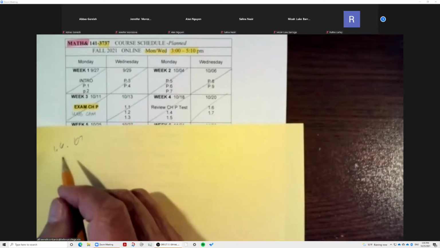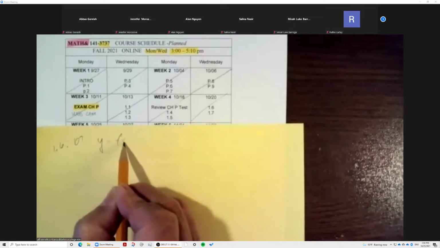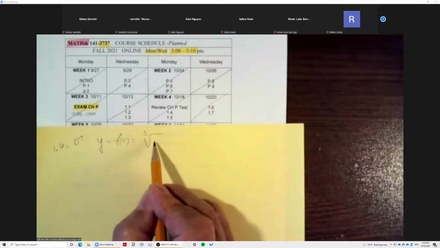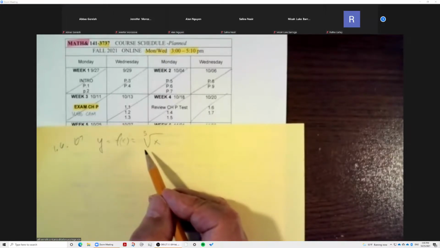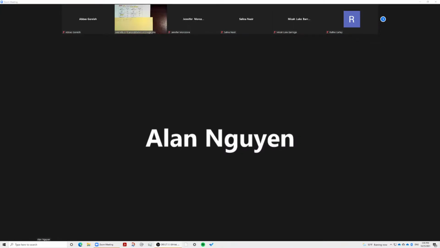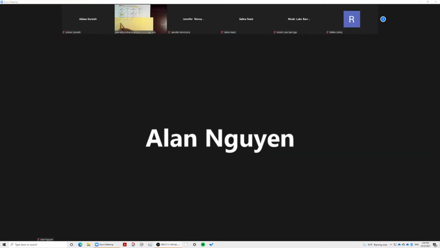Okay, so is that the one that says given y equals f of x equals cube root of x? Is that the right one? Oh, wait, it's 105. My bad. 105. Yeah, sorry. 1.6, 105.